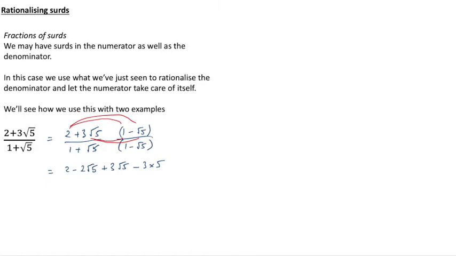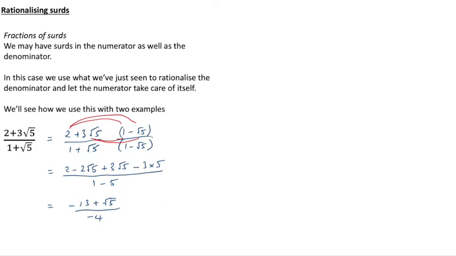And notice here I've taken a little shortcut because root 5 times root 5 is 5, and I've saved myself writing another line by just saying, well, that means we've got minus 3 times 5 there. On the bottom, of course, we're going to get our difference of two squares, so that's 1 times 1, take away root 5 times root 5, which is in fact 1 minus 5. Now we can simplify the top.